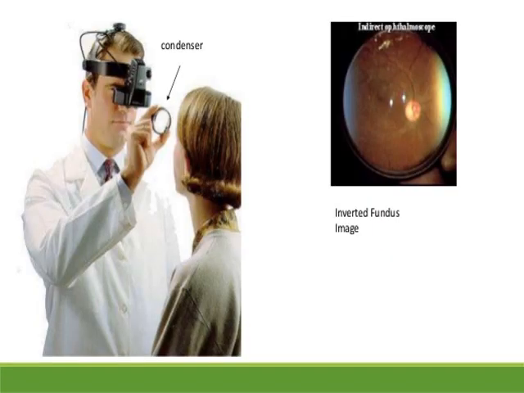So this is the condensing lens, mostly used with a plus 20 diopter lens, and this is a self-illuminated ophthalmoscope. This is the image of the fundus seen through the plus 20D lens. Here it is an inverted real image of the fundus.